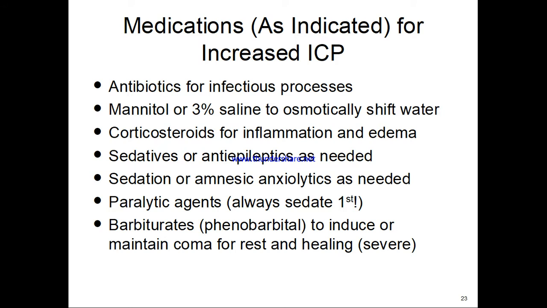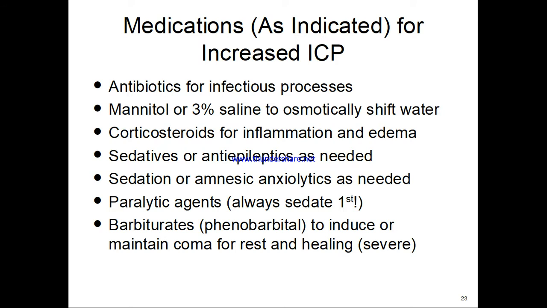General medications that we're going to give with increased ICP: antibiotics if it's an infectious process. We can give IV mannitol or 3% saline, which are both hypertonic solutions to osmotically shift water off of the cerebral tissues.